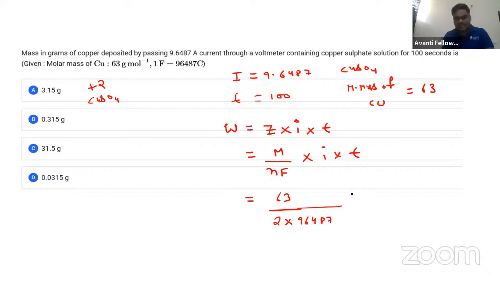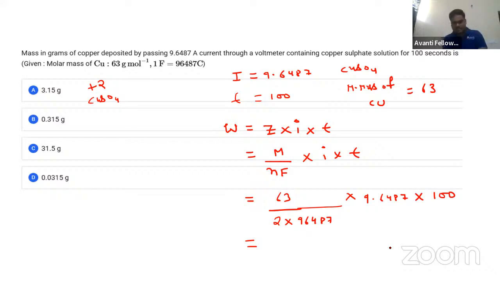Now again, I is already given, that is 9.6487, right? And time, so time is 100. This is 2, this is 96487. On top also 96487 and 100, and the whole value on top gets cancelled.